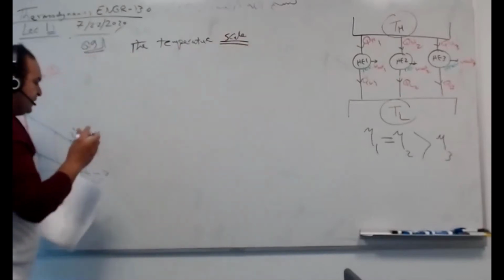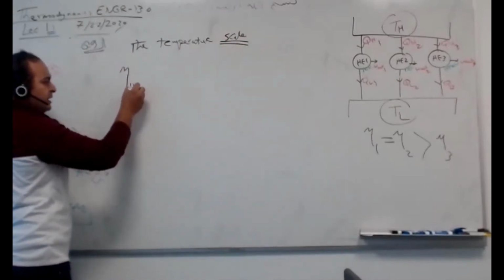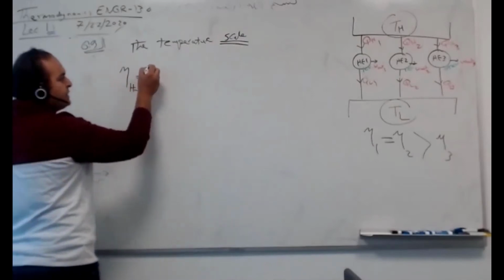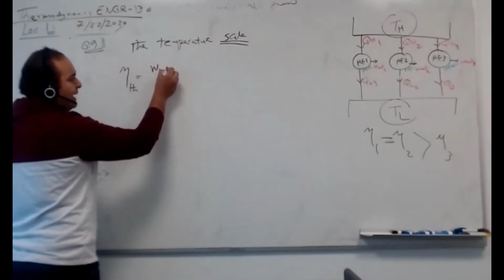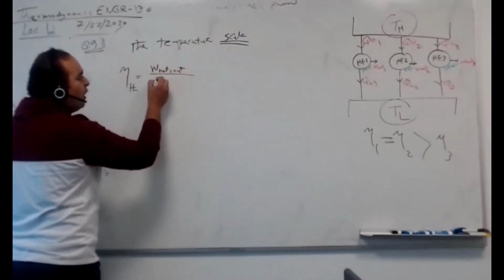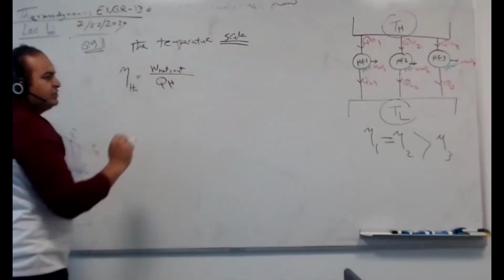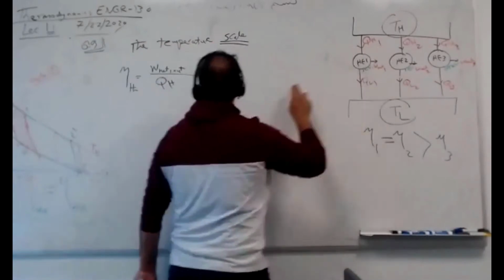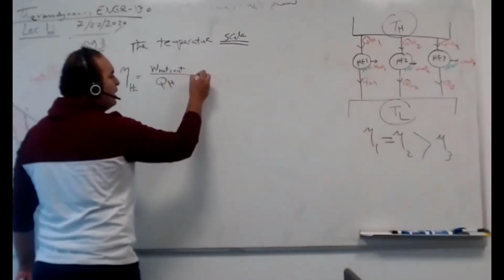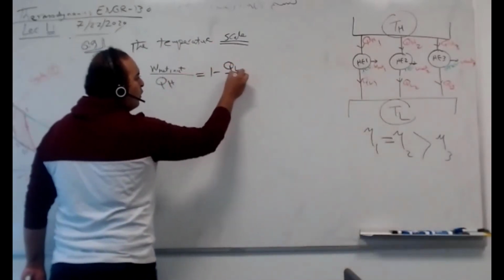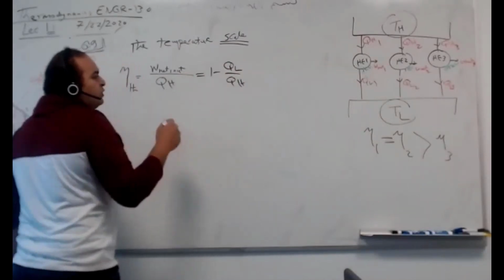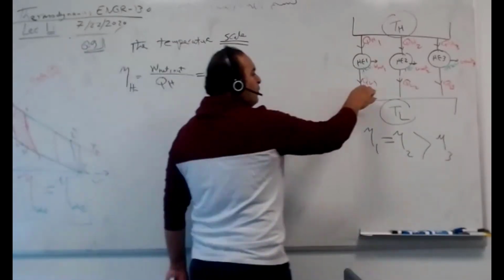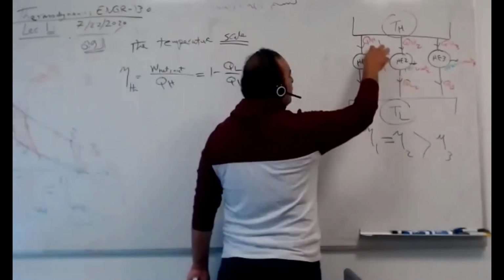It means the thermal efficiency, if you remember, guys, we said it's W net out divided by Q high. If you have a heat engine, what you want over what you paid for, or it was 1 minus Q low over Q high. According to the first law of thermodynamics, Q low plus W net equals Q high.